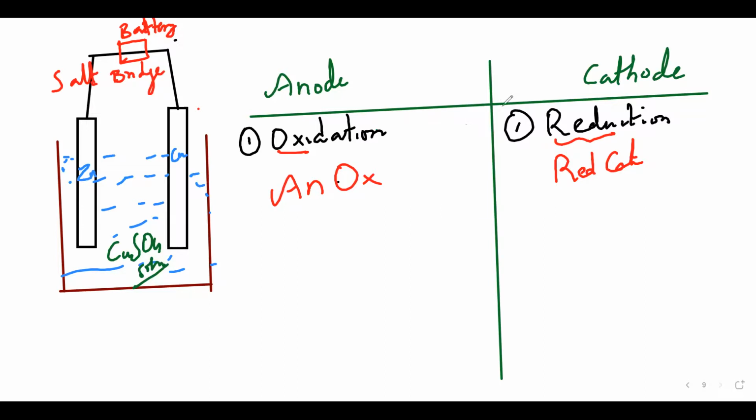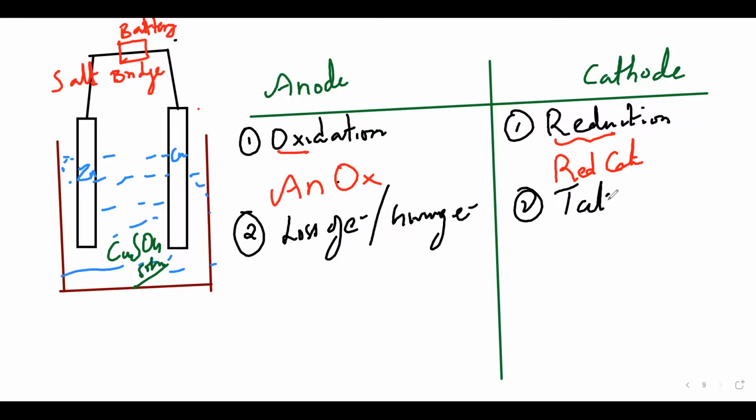And again, what is oxidation? Loss of electrons, or giving electrons. Cathode, taking electrons. I'll say taking only. I don't want you to do textbook by-hearting of this stuff. Now coming to this anode, zinc is my anode here.